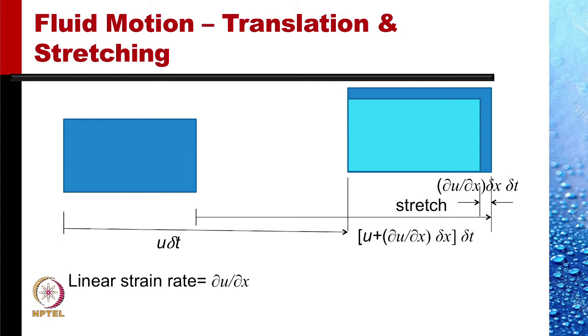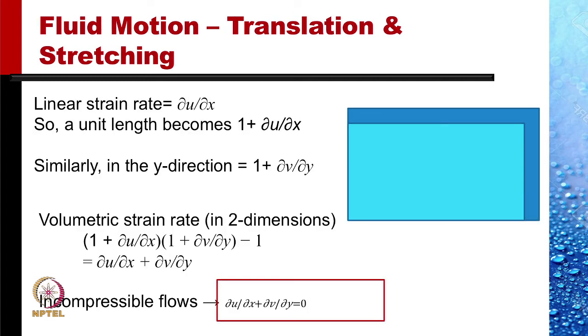Similarly, we can find in other directions. In the y direction, it will be dv by dy, and so the volumetric strain rate in two dimensions would be the current volume, which is 1 plus delta u by delta x into 1 plus delta v by delta y, minus the original volume, and so this is du by dx plus dv by dy.